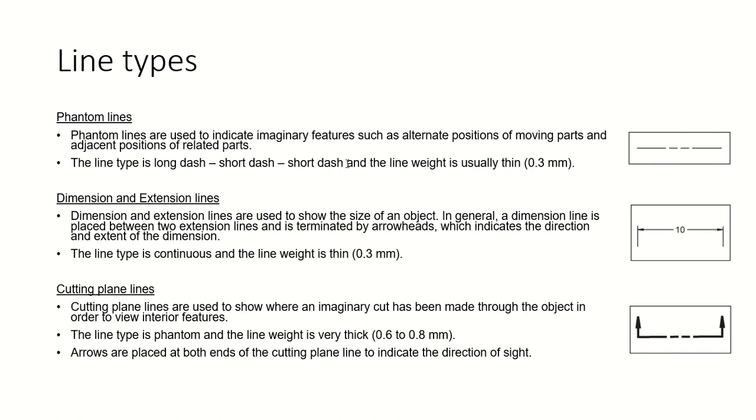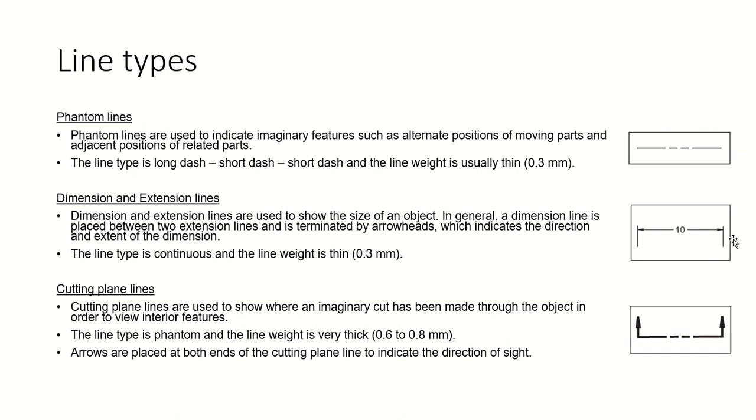Phantom means a spirit or ghost, something that you imagine. It describes the alternate position of the moving parts of that object or adjacent positions in the related parts. About 0.3 millimeters, a thin line.